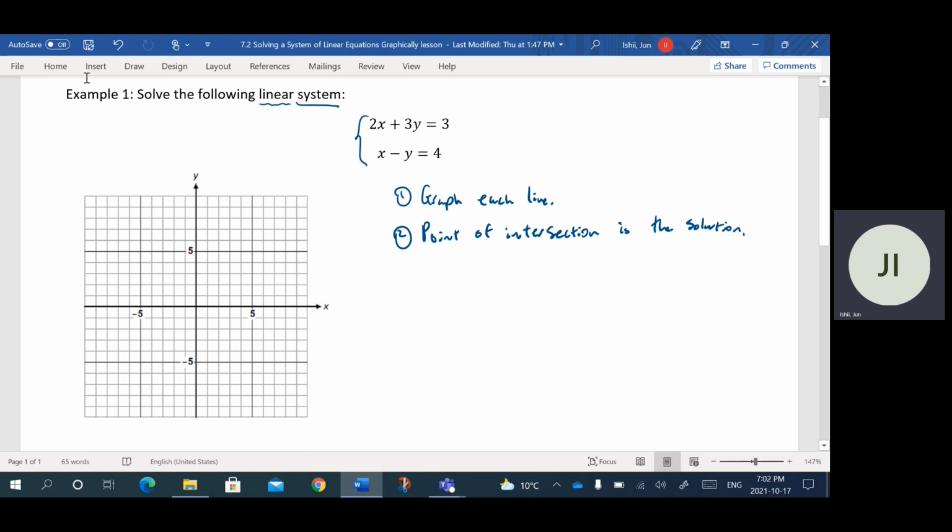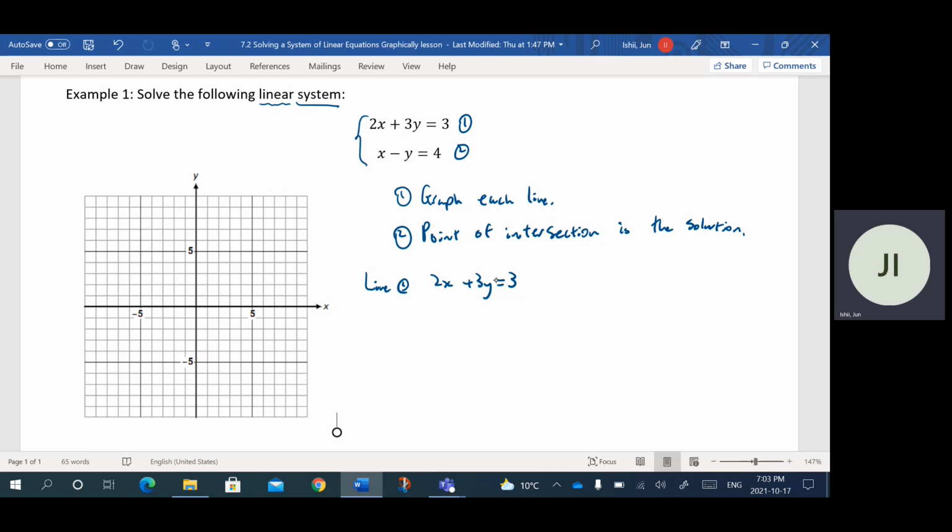I'm going to label them 1 and 2. For line 1, I have 2x plus 3y equals 3. This one is kind of in general form. Remember that? The only thing is the 3 is over on the other side, which is fine.